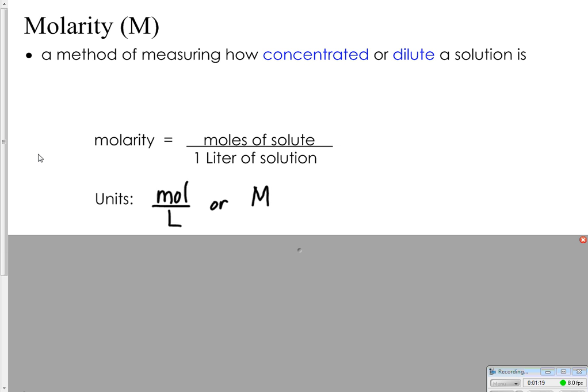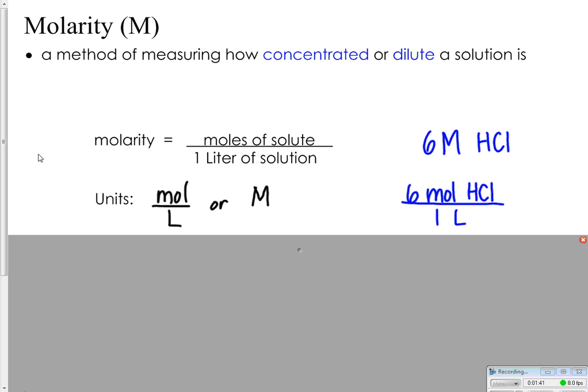Now you have probably seen this before. In our labs we've used hydrochloric acid, and a lot of times the label on the bottle will say 6M HCl. What that means is that we have 6 moles of HCl for every 1 liter of solution that we're using.